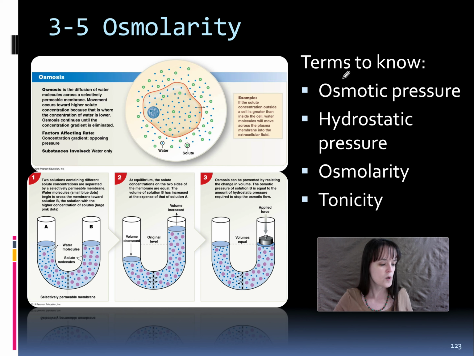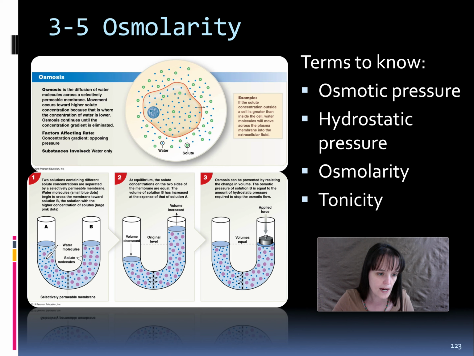In osmosis, water flows across a selectively permeable membrane towards the solution that has a higher concentration of solutes, because that is where the concentration of water is lower. That means it moves down its concentration gradient. Osmotic pressure is the force of water diffusing across the membrane, and this is not measurable.